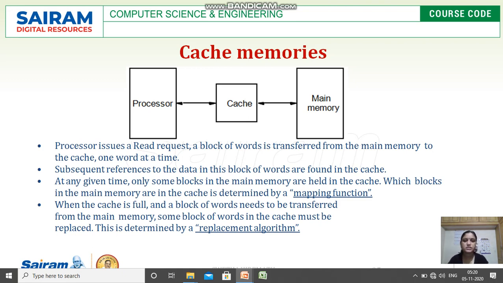Whenever data has to be transferred from the main memory to the processor, the blocks of data pass through the cache, and what blocks are present in the cache can be checked with the help of the mapping function. If the cache is full at that point of time, some blocks of words in the cache must be replaced with the help of the replacement algorithm.